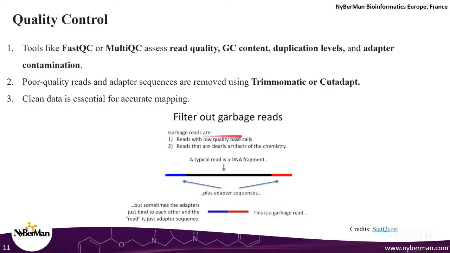That is how we filter out garbage reads such as this, a read that is made purely of adapters. There is no sequencing read fragment here. This is something that is contaminating our data, so we can remove it computationally. That is where tools like FastQC and Trimmomatic help us out, and this is something we will do with our own hands when we perform the analysis.